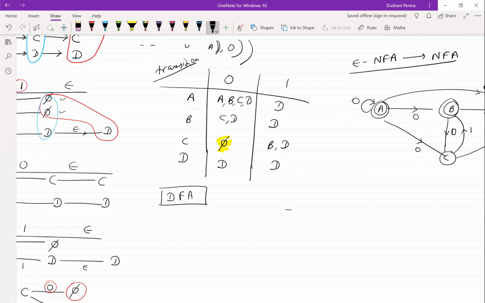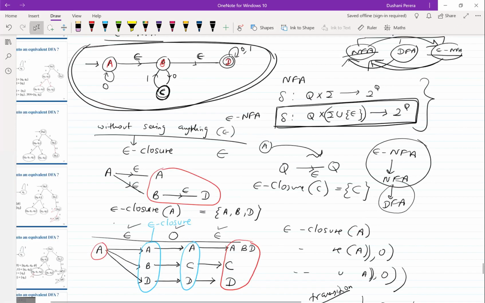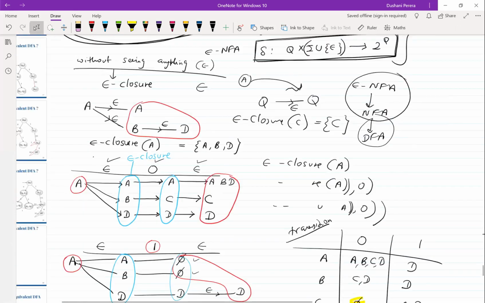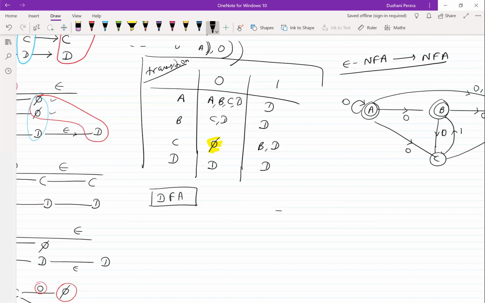Okay, when we do the DFA transition table, we have to look at the transition table that we did. Where is it? Over here. We have to look at this transition table and first choose the E closure, the epsilon closure, of the initial state of that NFA.